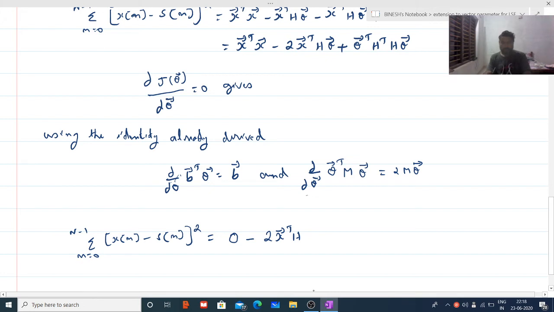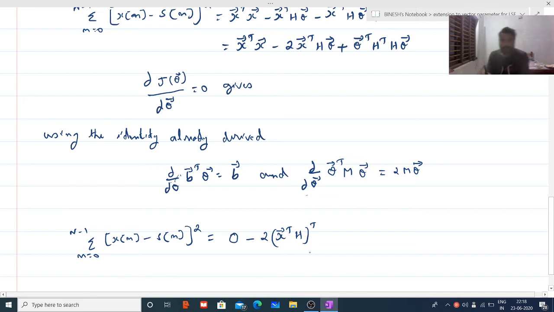Dou by dou theta of this one, that term will be 2 into x transpose h, so I can write this as 2 into x transpose into h, the whole transpose. 2 into x transpose h transpose, so that will be h transpose into x.